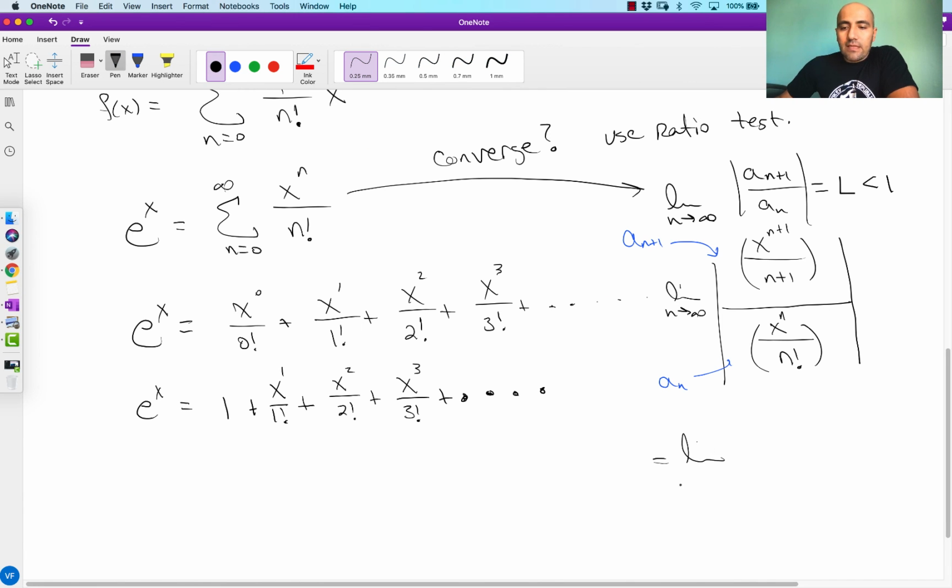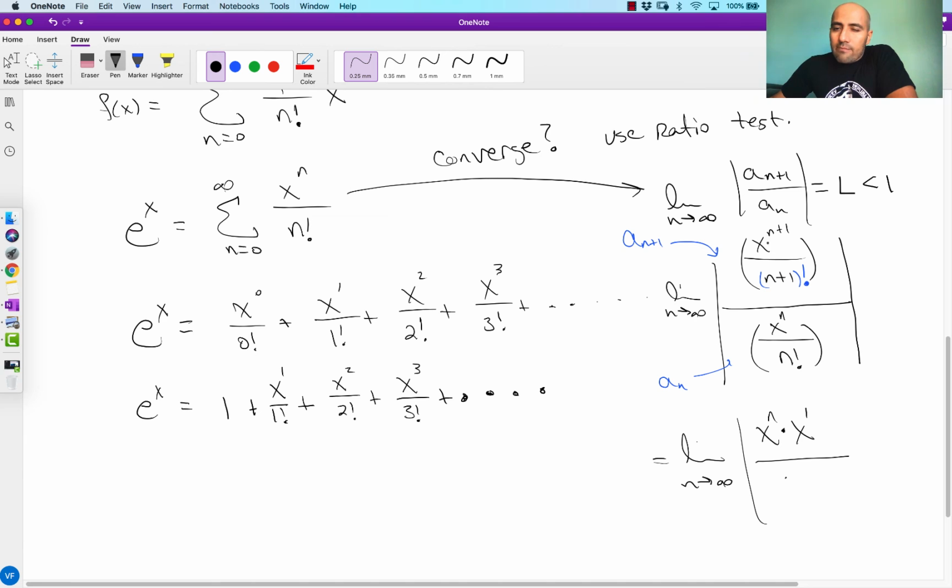This means that the limit as n goes to infinity, it's going to be the absolute value of, and I'm going to break this down a little bit. This will become x to the nth times x to the first power divided by n plus 1. Oh, sorry, n plus 1 factorial. Correction. So this is n plus 1 factorial, and this one was just n plus 1.